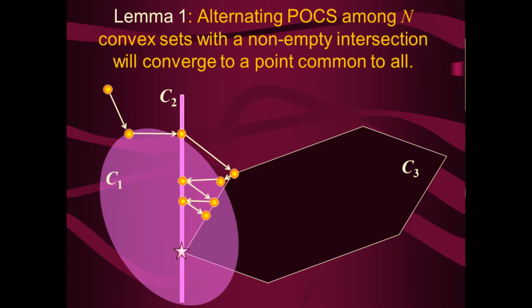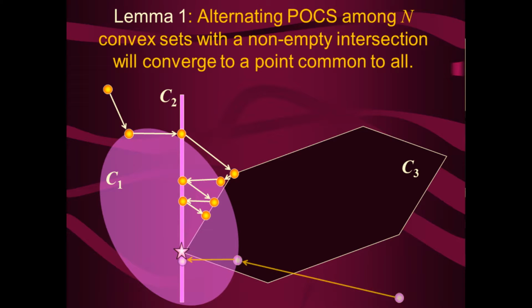So if we're assured to always end up at a point common to all three convex sets, then no matter where we start, we're going to end up at that pink star fixed point, which is shown here. No matter where we start, we're going to end up at the fixed point.